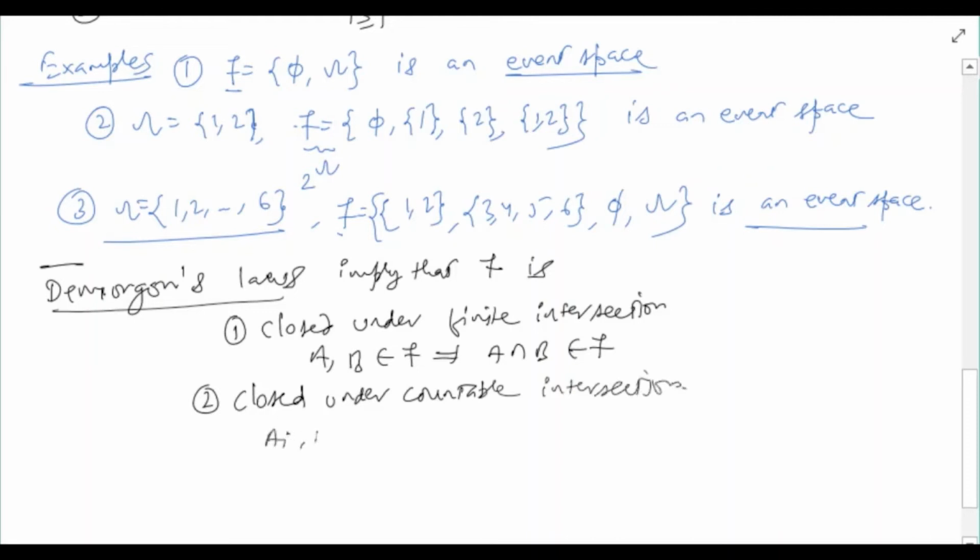That is, if A_i, i greater than or equal to 1, belong to F, then their intersection will also belong to F.